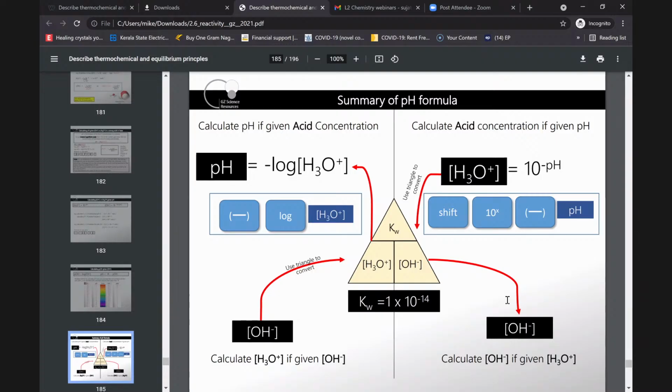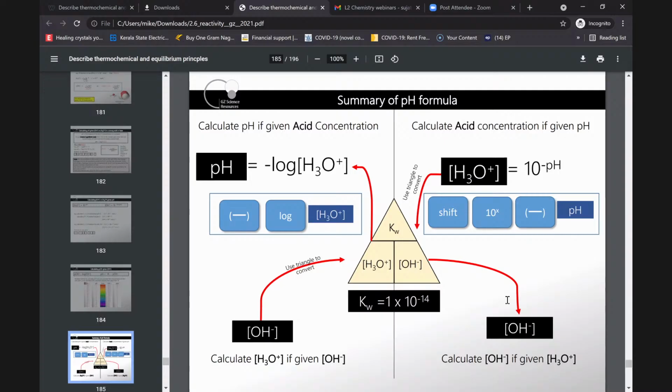Once again, I repeat, if you are given the pH value and have to calculate the concentration of hydronium ions, use your shift button, exponential button, your negative sign, and then your pH value. That gives you the concentration.